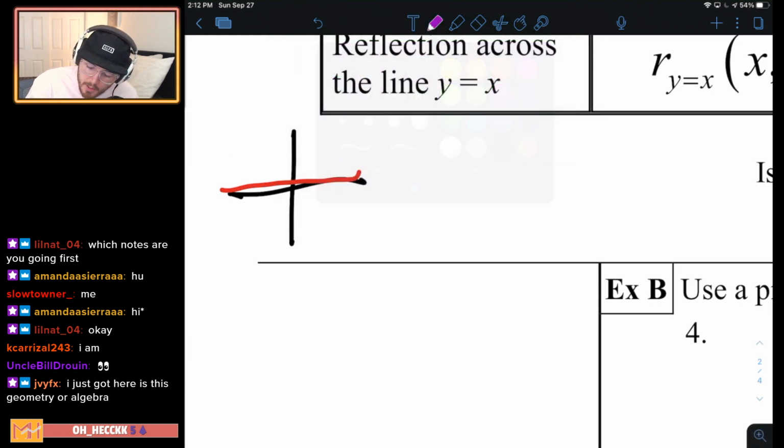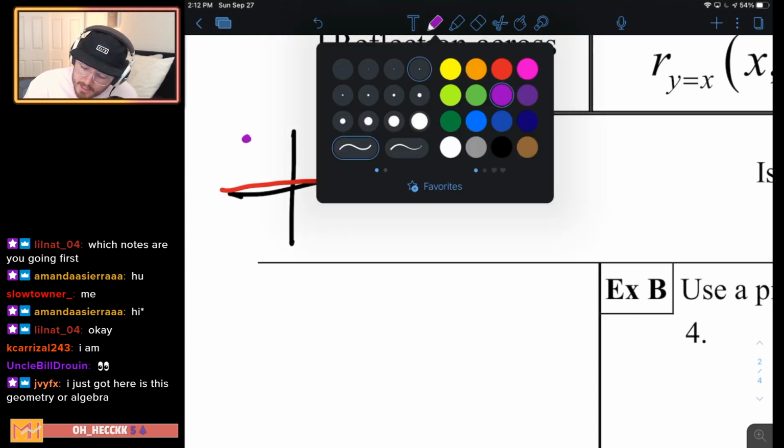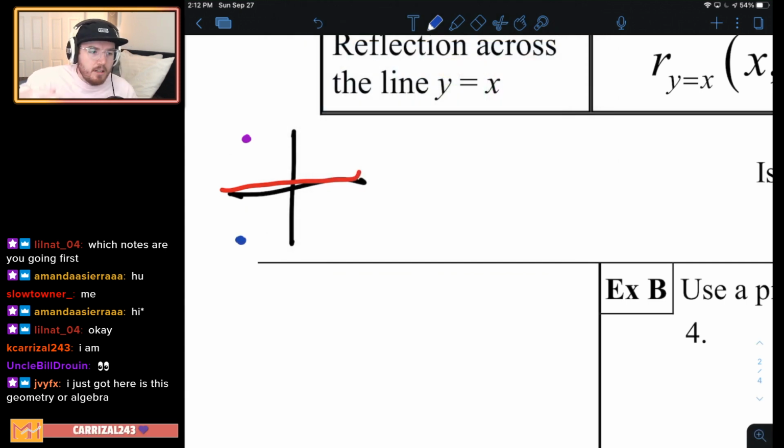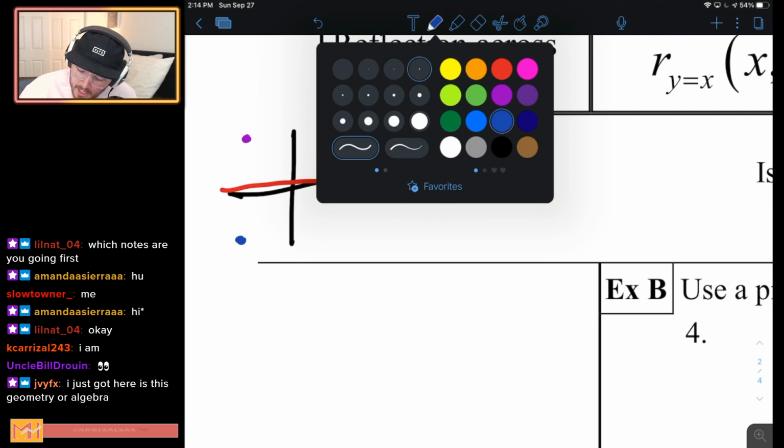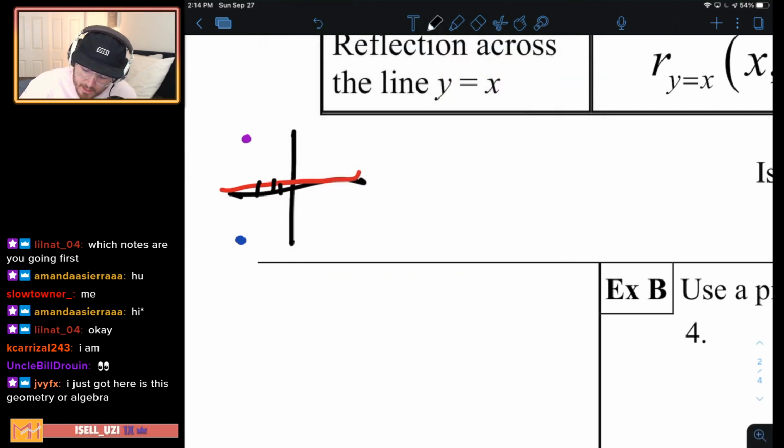So if I have a point over here, then it's going to get reflected down here, right? Flip of the page. So what's happening is the x part is staying the same and the y value is getting flipped. Do you see that? Because I really want you to see that.